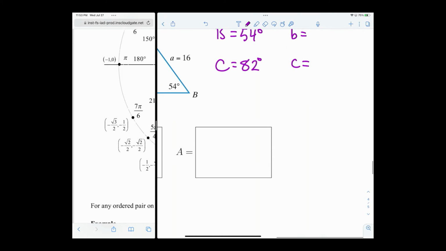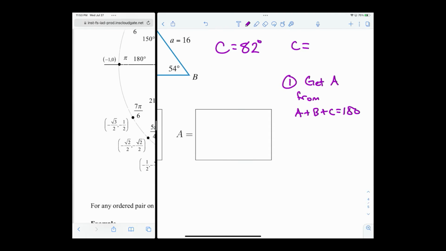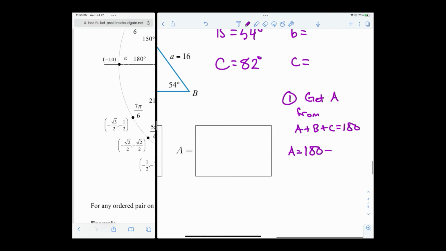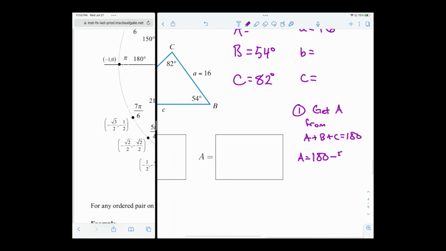So your first step here would be get A from A plus B plus C equals 180. Or easier way would be A is going to be 180 minus the other 2. So 54 and 82. So you figure that out, just grab a calculator, 180 minus 54 minus 82, and I get 44.